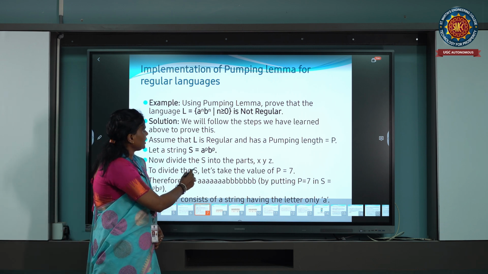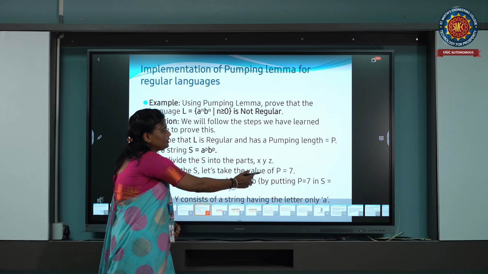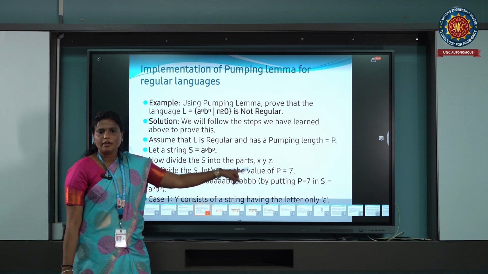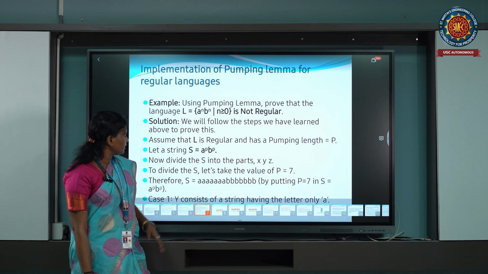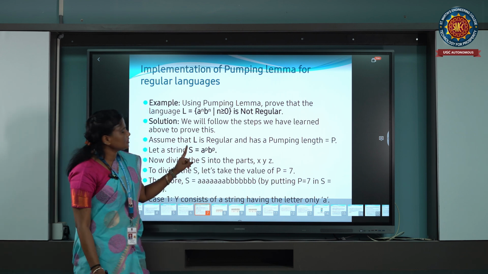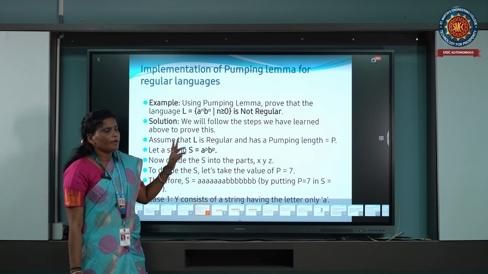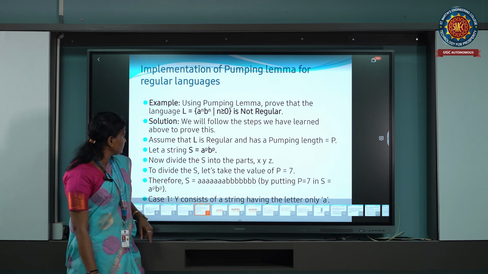Next, divide S. I take the value of p equal to 7. So this is a to the power 7 and b to the power 7, that means 7 a's followed by 7 b's.